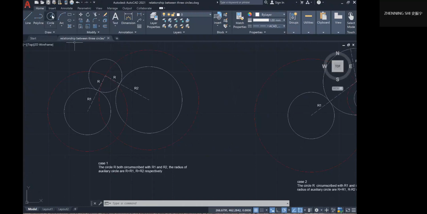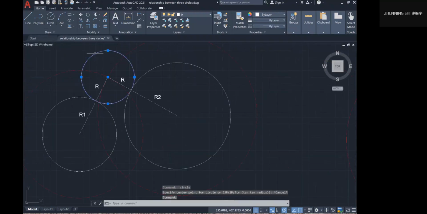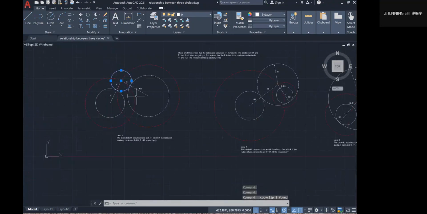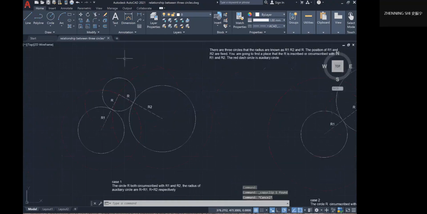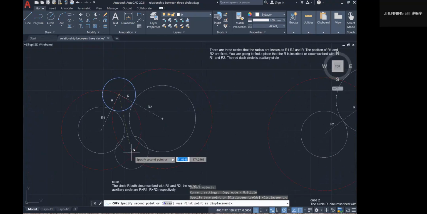So you can see, let me see R. I copy it. Let me try. I will copy it, enter, and move it here.